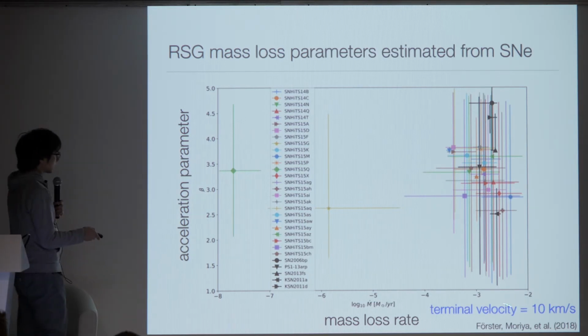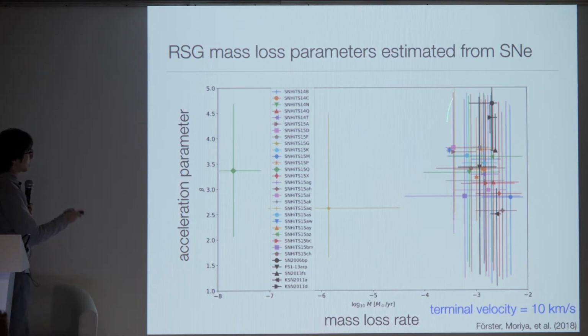What we can clearly say is that the mass loss rate of the progenitor shortly before the explosion of these red supergiants should be higher than 10 to the minus 3 solar mass per year, or around there. There are some exceptions, but mostly the mass loss rate should be very high.